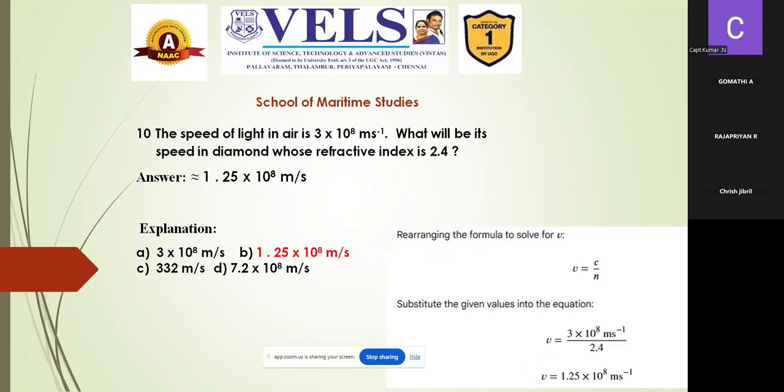Then refractive index is equal to 2.4. So V is equal to 3 into 10 power 8 meter second minus 1 divided by 2.4. If we solve the above equation, the result is V is equal to 1.25 into 10 power 8 meter per second.